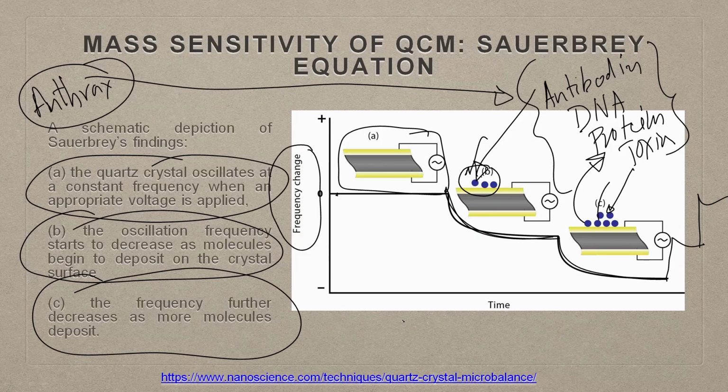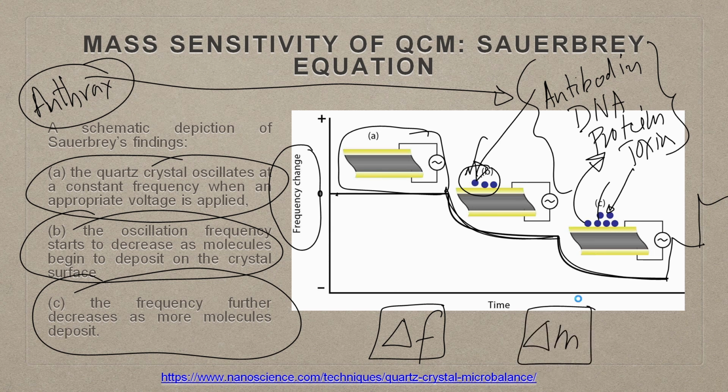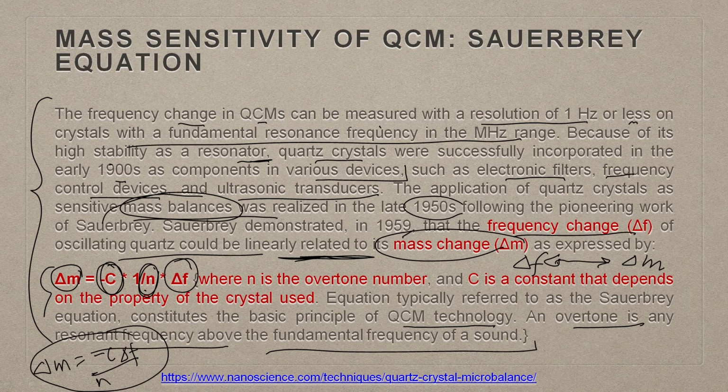So, two things to remember: change in frequency, delta f, and delta m. And for this, the Sauerbrey equation offers you an expression: delta m, which is the change in mass, is equal to minus constant c, times 1 upon n, I told you, look for the overtone number, and delta f.